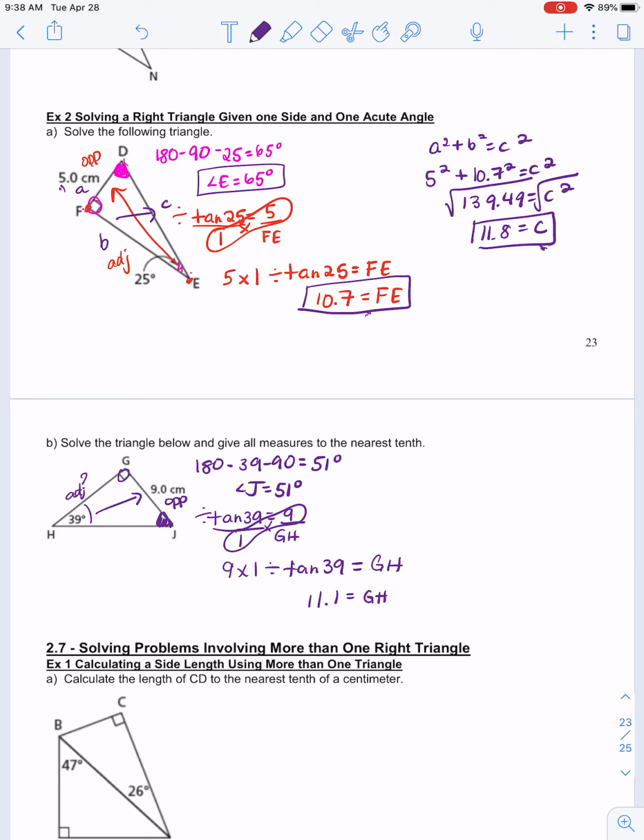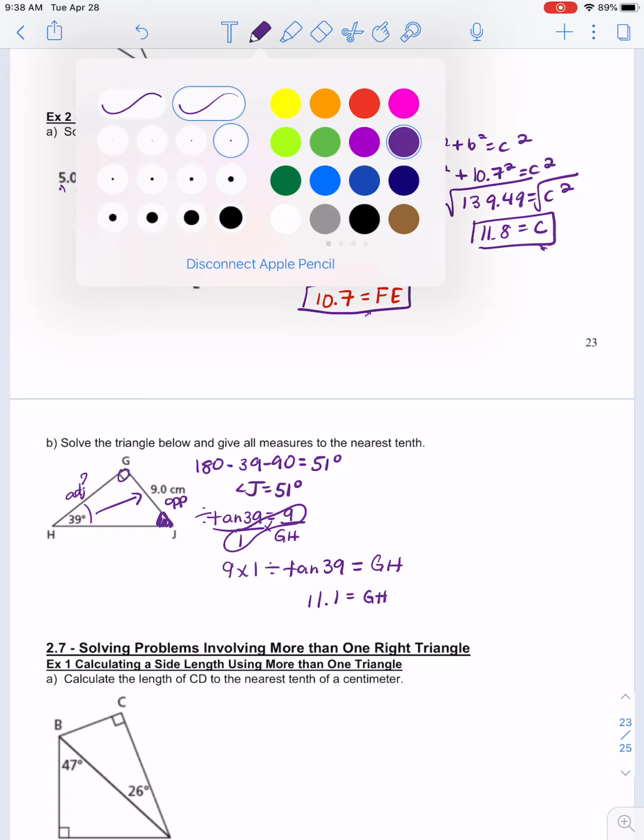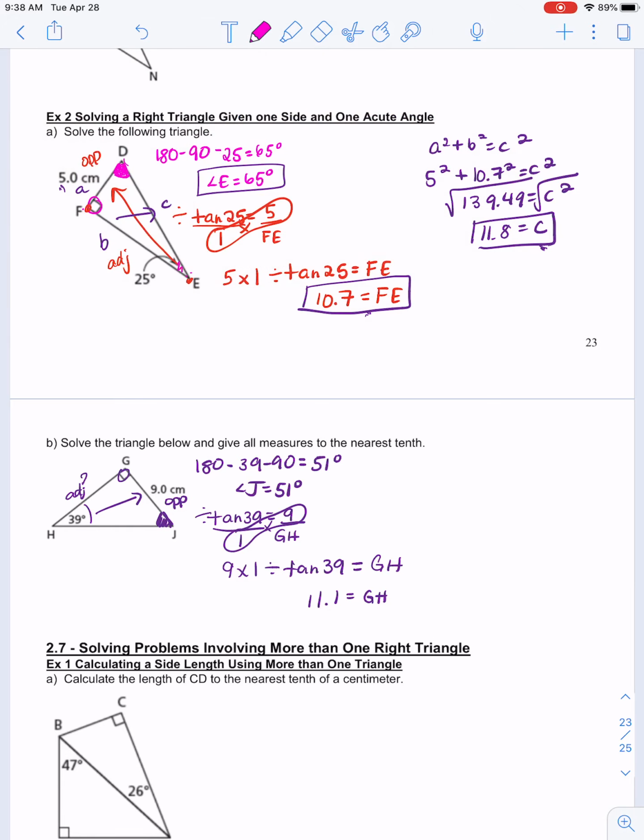Now I'm looking for one more side here. Let's use a different trigonometric ratio instead of the Pythagorean theorem. If this is my hypotenuse, let's use sine. So sine of my angle 39 is equal to my opposite side, which is 9, divided by my hypotenuse, which I don't know.